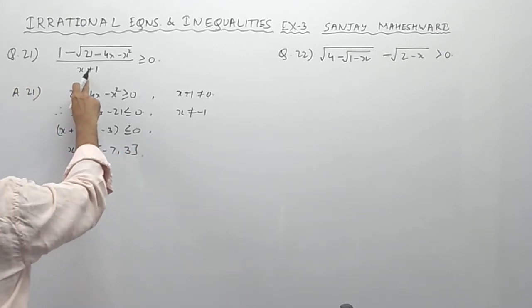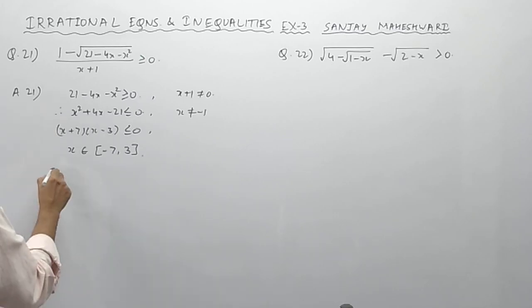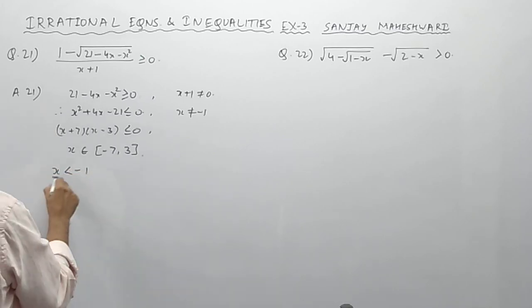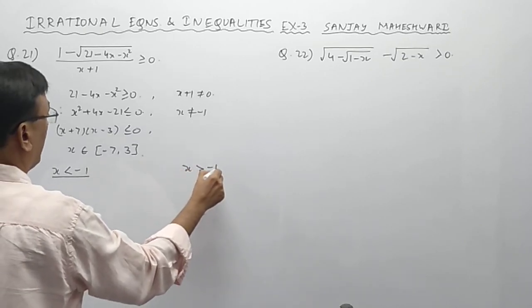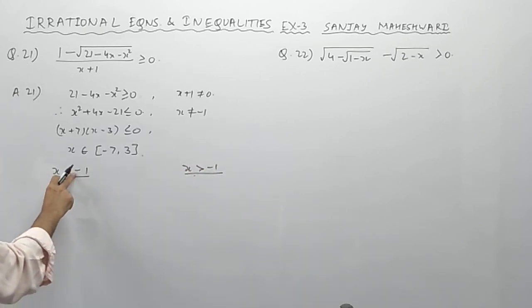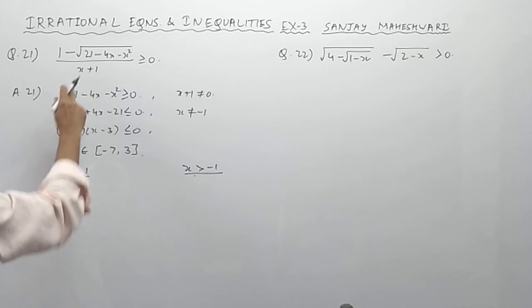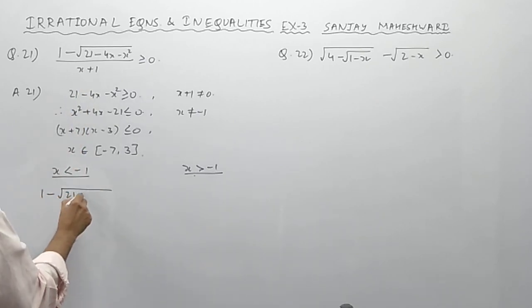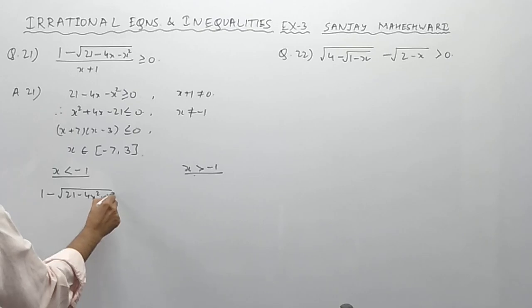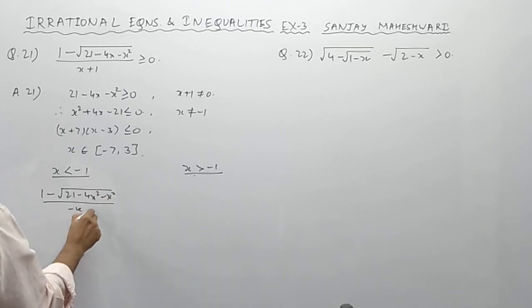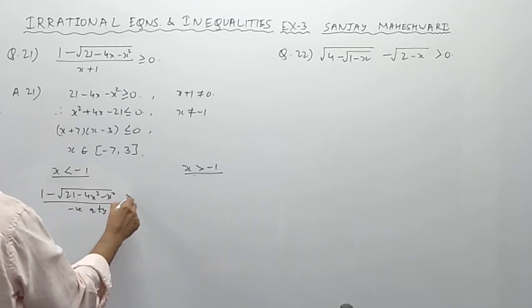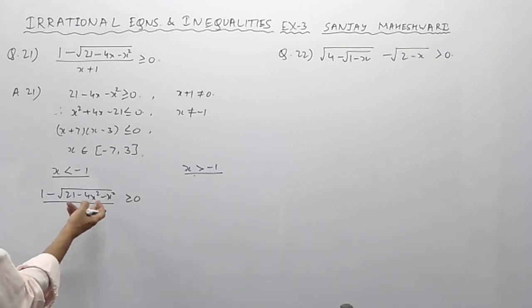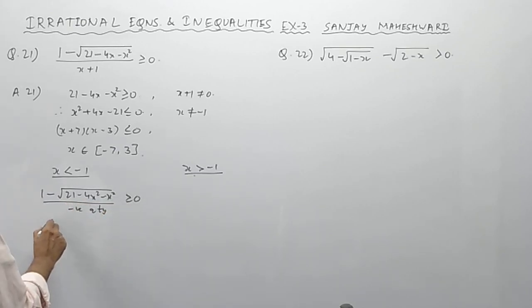Now for the denominator there are two possibilities, x less than minus 1 and x greater than minus 1. If x is less than minus 1, then this is negative. Therefore, the square root of 21 minus 4x minus x square, divided by a negative quantity, is greater than or equal to 0, and since it is negative, the sign will change.